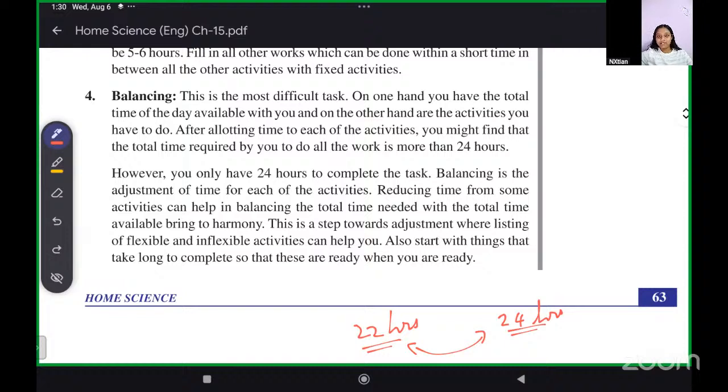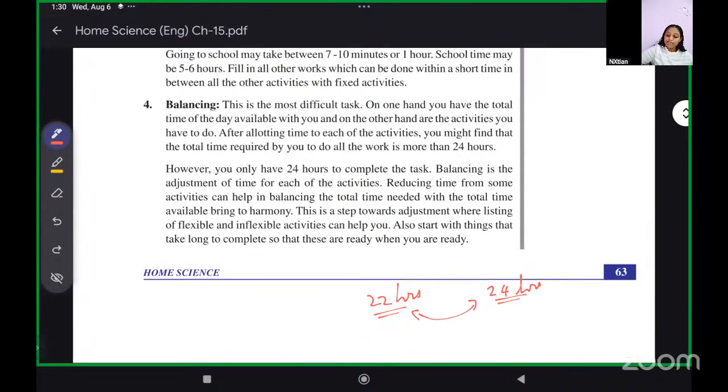So what we do is we shift the flexible activities to the next day. Some activities we'll postpone, some activities we will shift, and for the remaining activities we will shorten the time. If my break was 1 hour previously, I'll cut it down to half an hour.